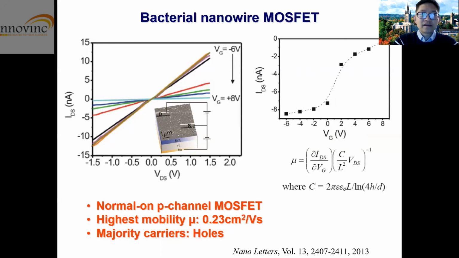And we fit the curve. What we found is the charge mobility is about 2.3, which is very similar to P3HT.